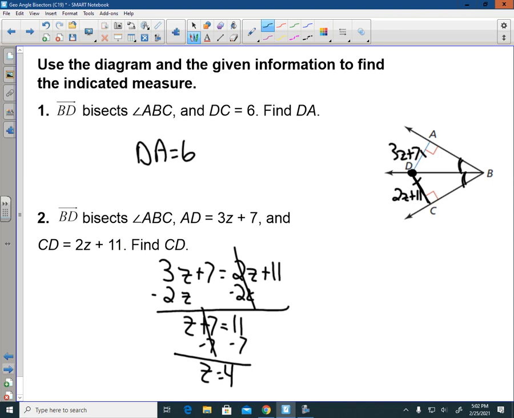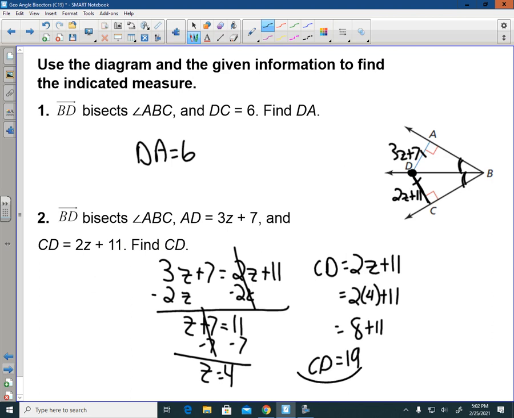Great. And we want to find the length of CD, and we know that CD equals 2Z plus 11. We know that Z is 4, so that's going to equal 2 times 4 plus 11. And 2 times 4 is 8 plus 11, so it's going to be 19.